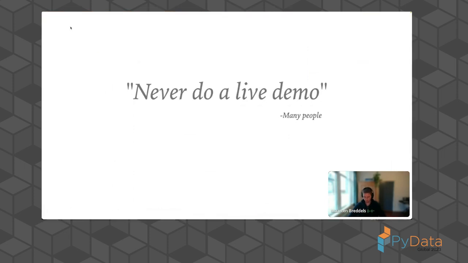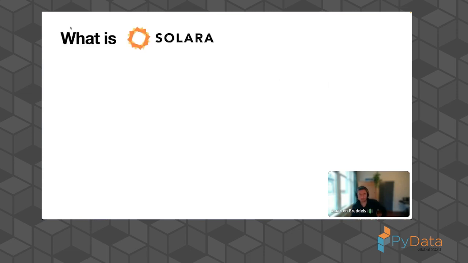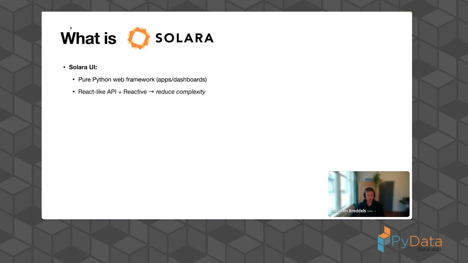Okay, great, this worked. So what is Solara? You've seen a little bit of it. So we have 2 parts. So we have the Solara UI. You've seen most of that. It's a pure Python web framework to create apps or dashboards. It has a React-like API, so it's inspired by React, but also has reactive elements.